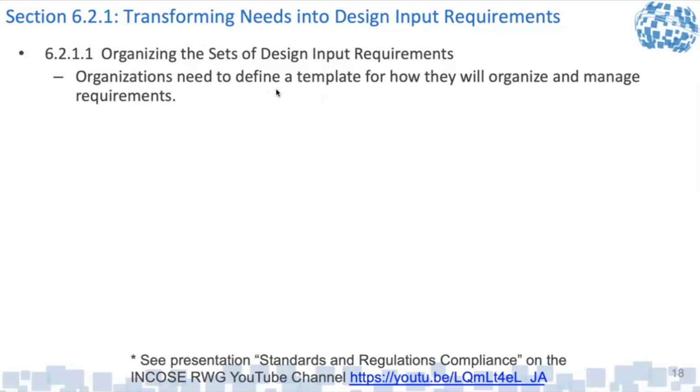We're assuming in all this that everyone's going to go to a data-centric practice, which I feel is the real intent of MBSE. So all of our requirements are going to be managed within an integrated database. But organizations need to define how they're going to manage and organize the sets of design input requirements. And I say sets because remember, it's not just one set of design input requirements.